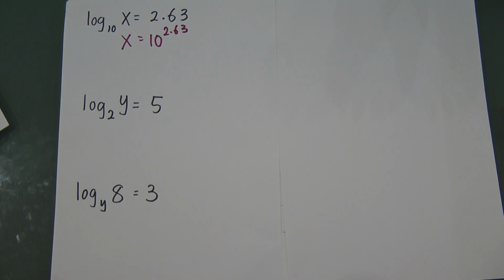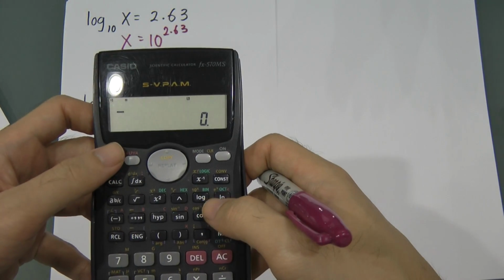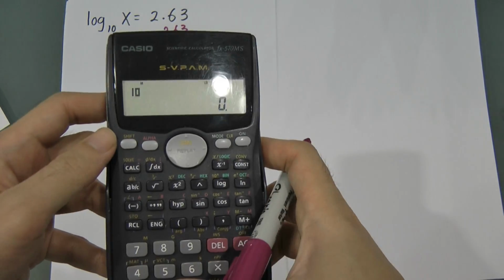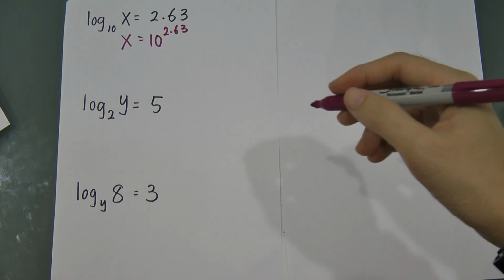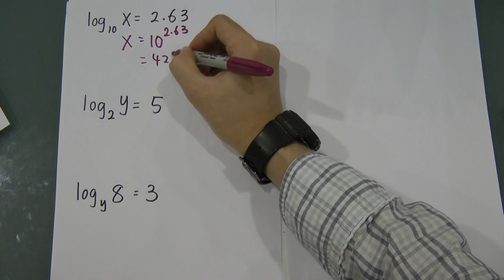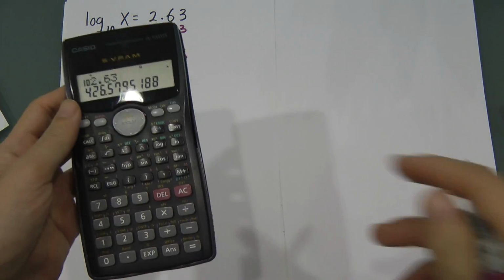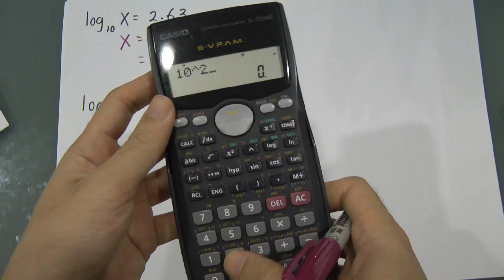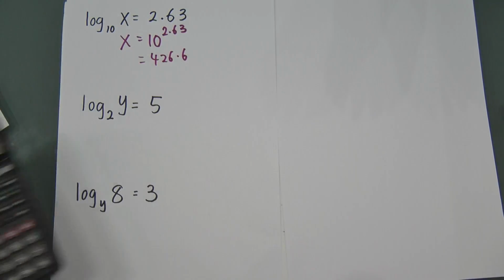Some reference books teach that when the log moves to the other side it becomes shift log, so you press shift log, then 10, then 2.63, and you get the answer 426.6. You can press shift log, or you can press 10 power of 2.63. You get back the same thing, 426.6.